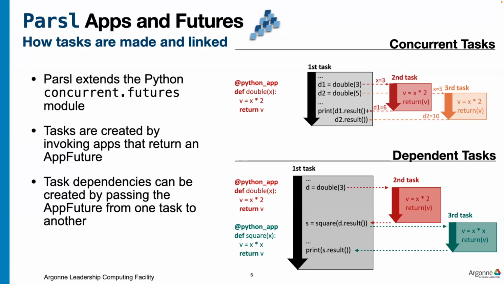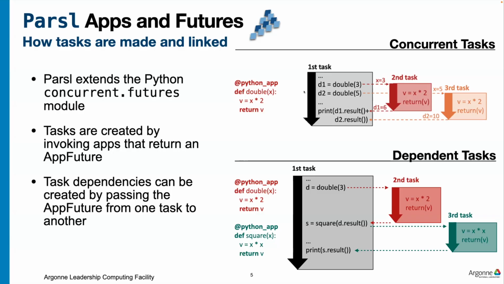So you might think, okay, I'm running this double function, for example, in the example here on the right. If I just call this in a normal script, as a normal Python function, D1 is executed first and then D2 is executed.